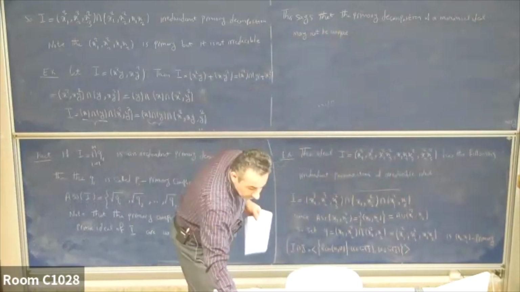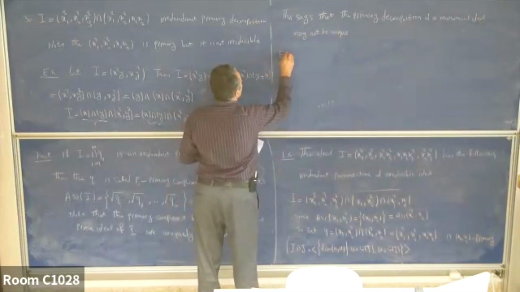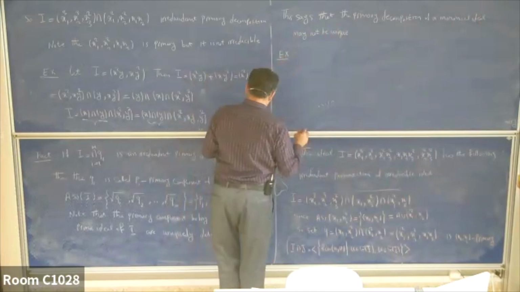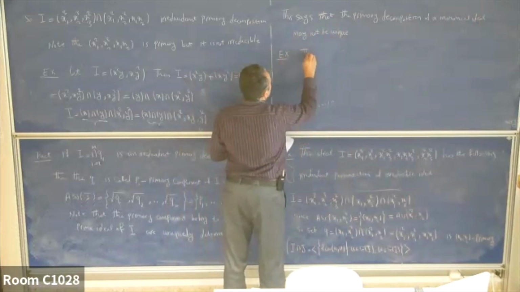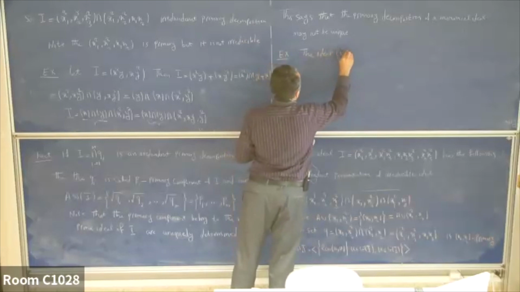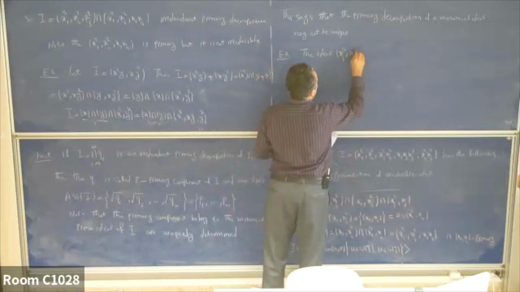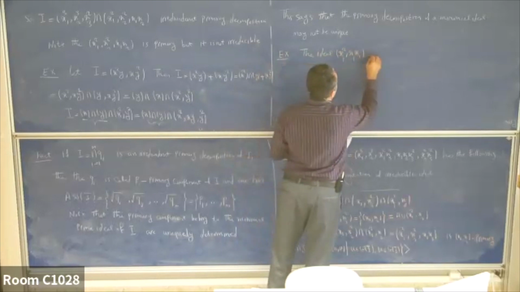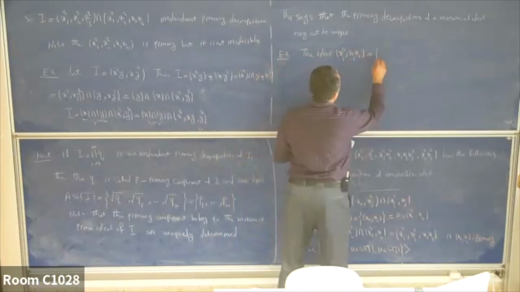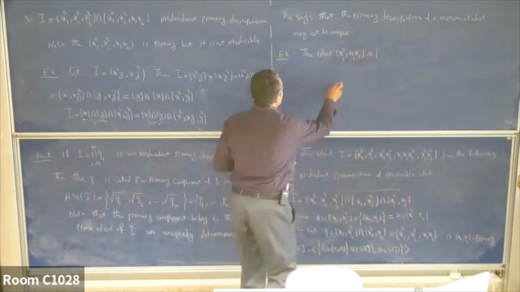And another example, the ideal (x₁², x₁x₂). Let me write the primary decomposition of this.